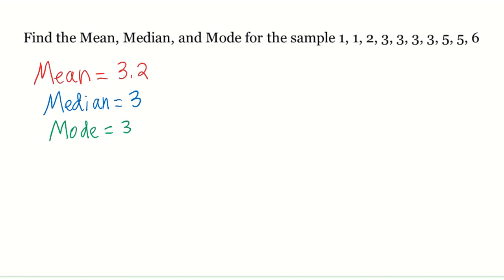So if we were to graph this, just so we can visually see what this data looks like, we're going to put the frequency here, my x values down here. Got 1, 2, 3, 4. Oops, looks like I didn't give myself enough room. 1, 2, 3, 4, 5, and 6.